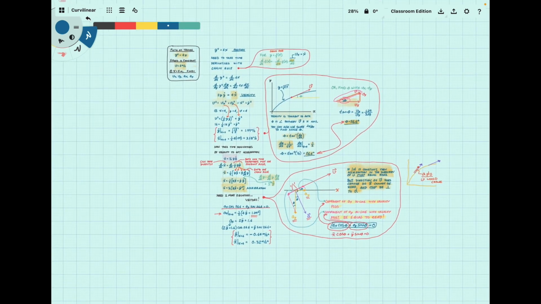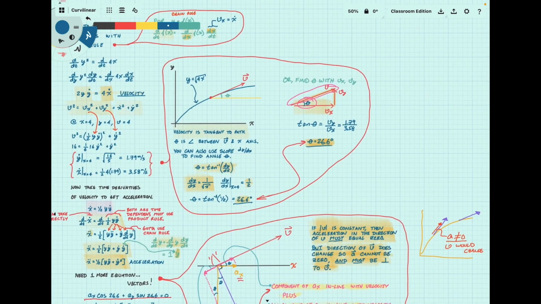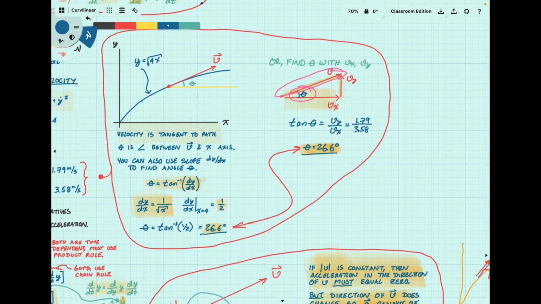So a lot going on in this problem. Just to summarize, in terms of calculus, we're looking at the chain rule and the product rule in order to take these slightly more complex time derivatives. And in terms of the vectors, we looked at the fact that you can find an angle between a tangent path and the horizontal with that expression.